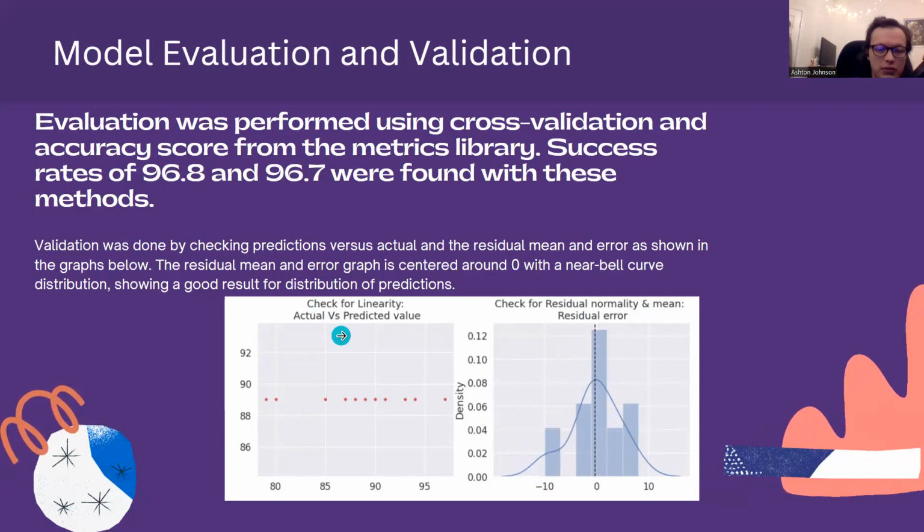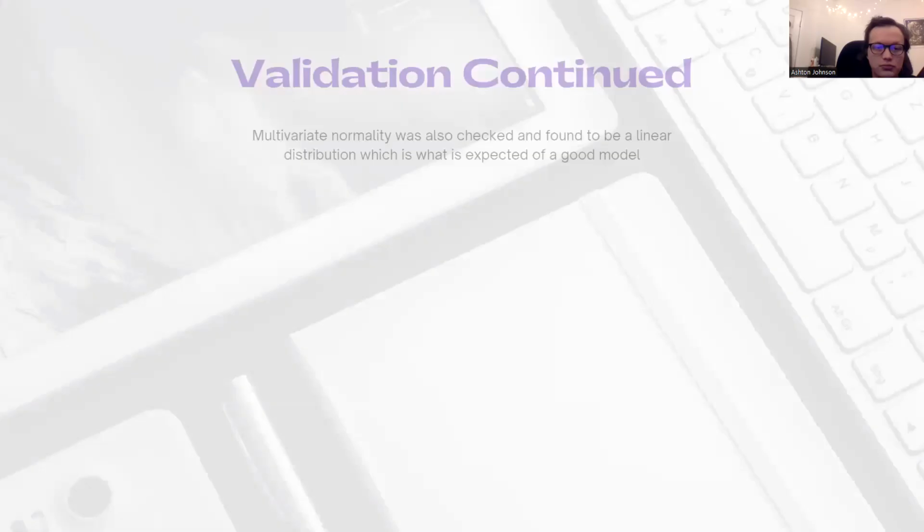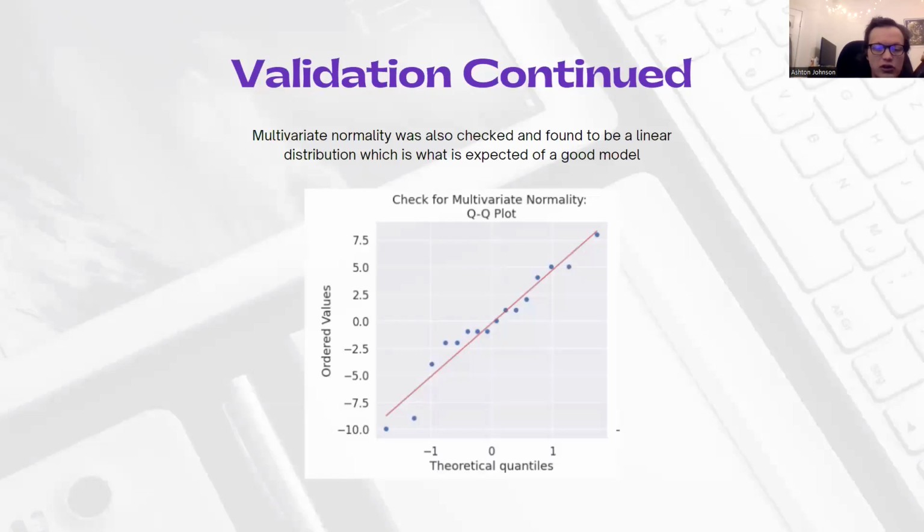And then the actual versus predicted value graph is here. Validation continued. The multivariate normality was also checked and found to be a linear distribution, which is what is expected of models, and is what we want to see.